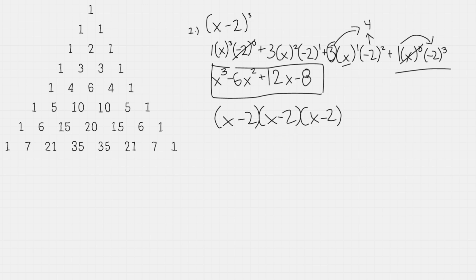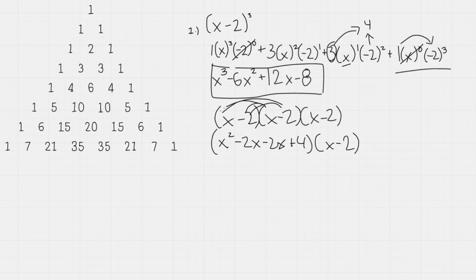We get x times x, x squared; x times negative 2, negative 2x; negative 2x, another negative 2x; and negative 2 times negative 2 gives us positive 4. Then x minus 2.